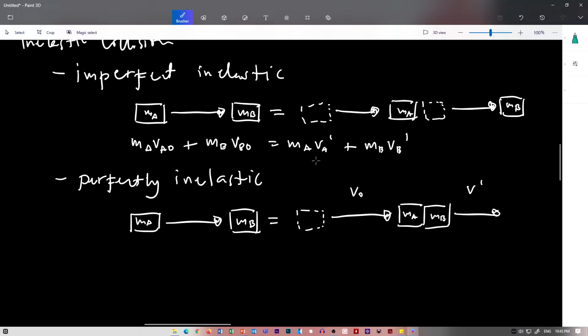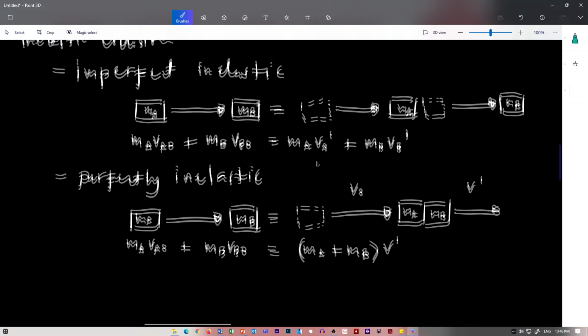So what would change is that their final velocity will be combined. So translating that mathematically would look something like this. So this is m b v b sub o is equal to, so you can write this as m sub a plus m sub b multiplied by their final velocity, something like that. Okay, so it's shorter. You got that?